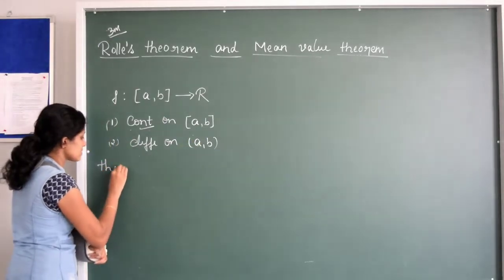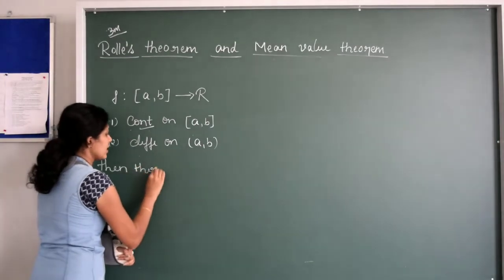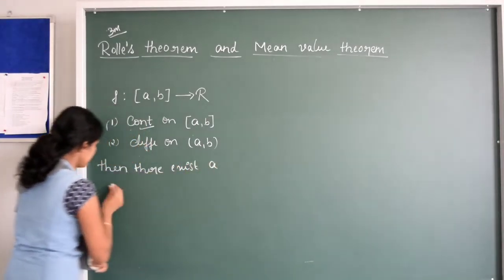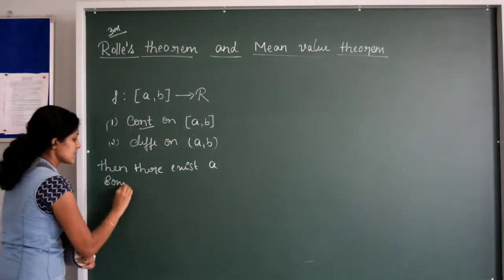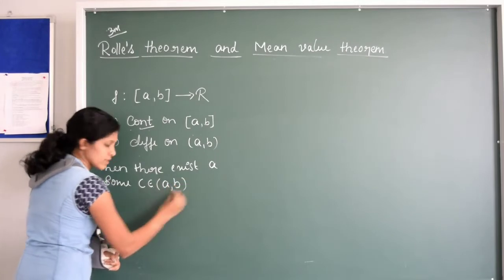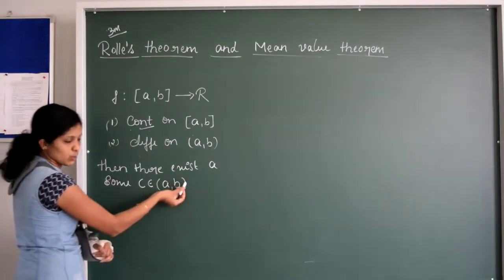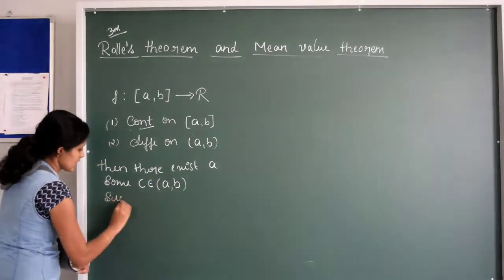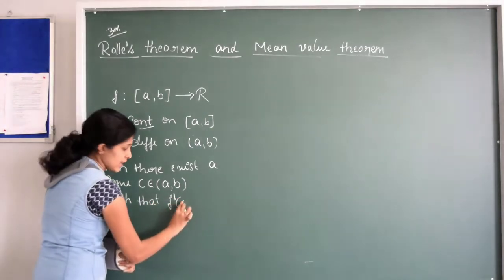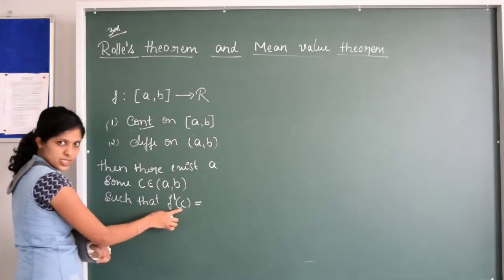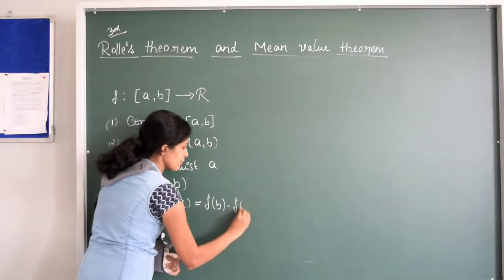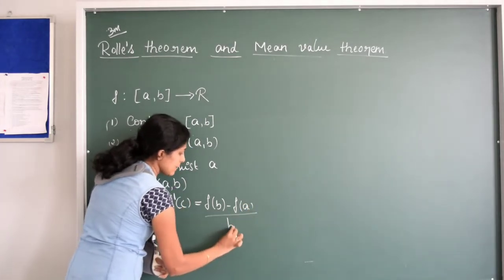Then there exists some c belonging to a comma b, that may be one or more than one, such that f dash of c, the derivative of the function at the point c, will be equal to f of b minus f of a divided by b minus a.